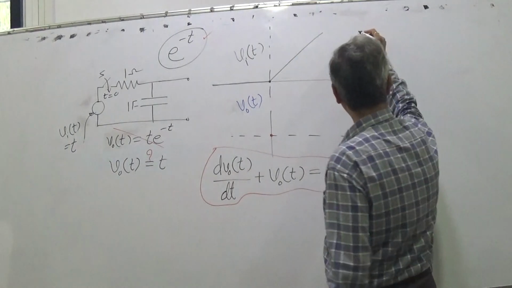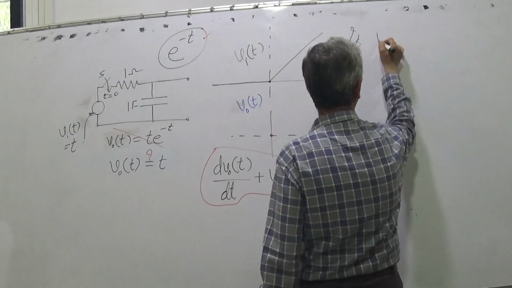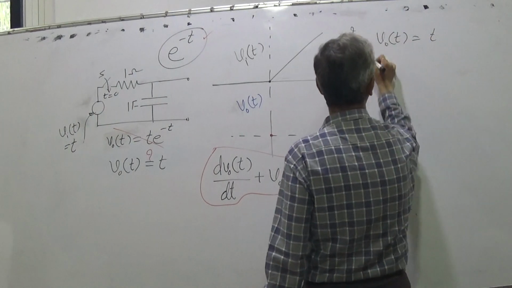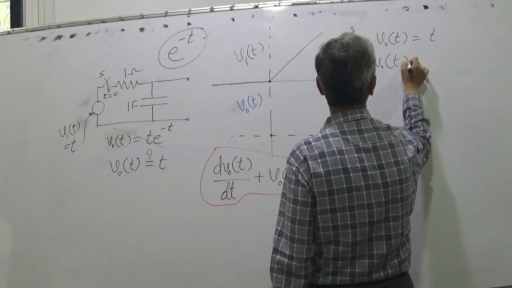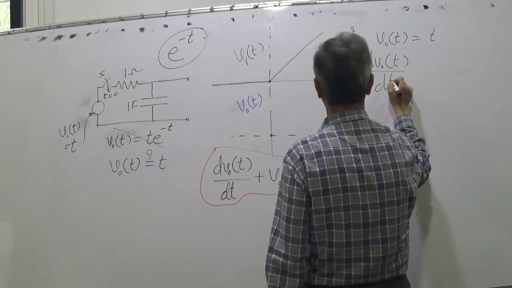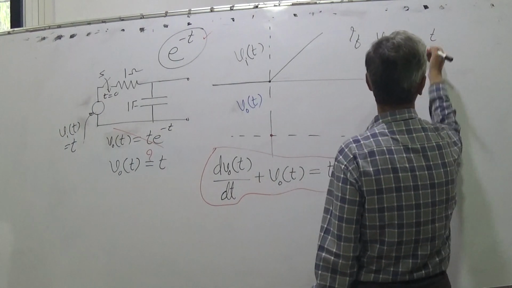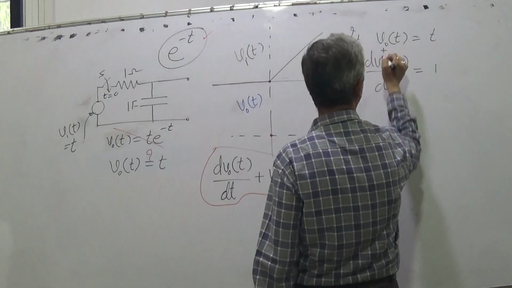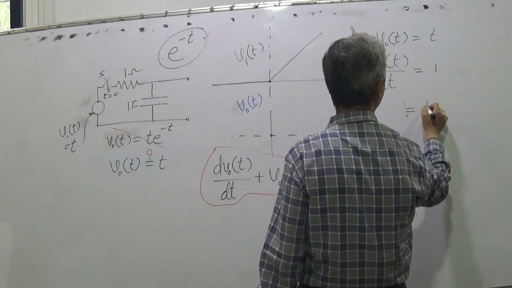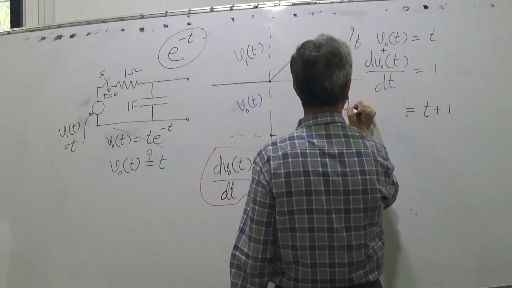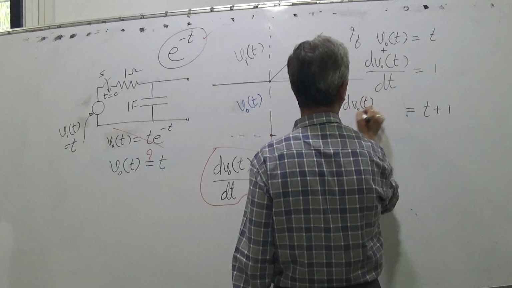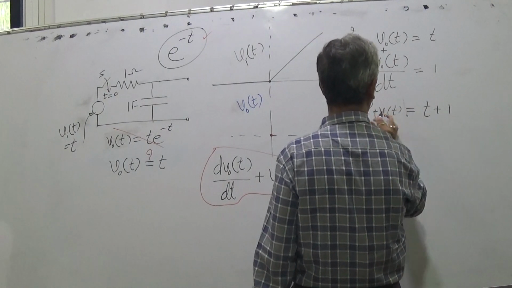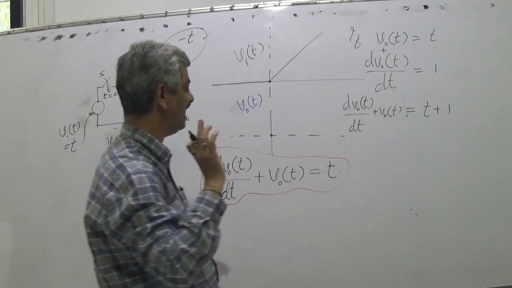So if we assume that v o of t is t, then d v o by dt is equal to 1. So when we add these two, what we get is t plus 1, that is, d v o by dt plus v o is equal to t plus 1, and we want it to be t.